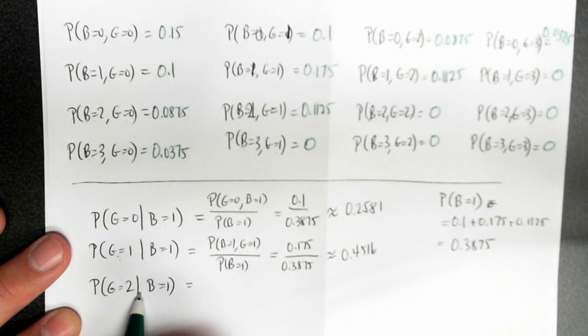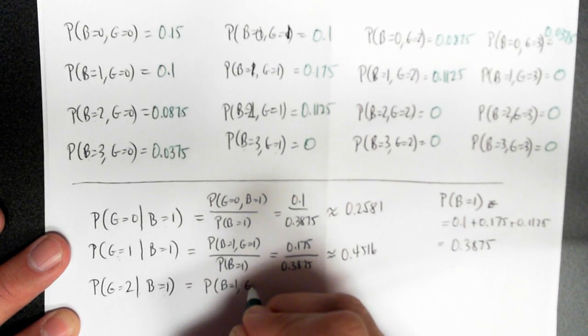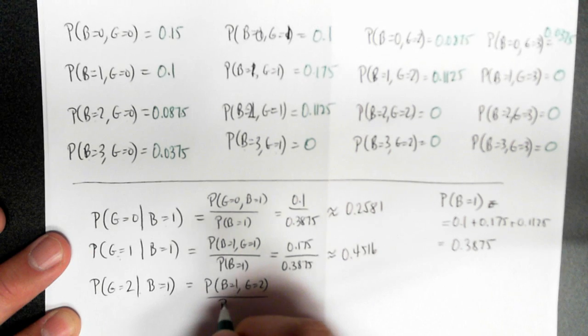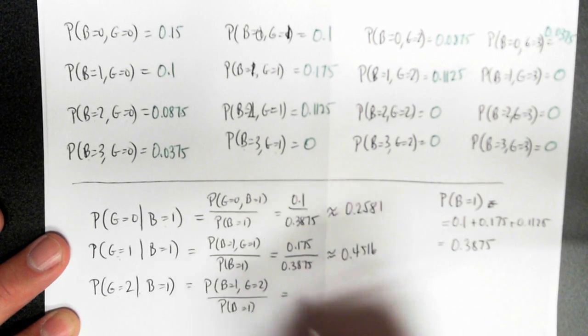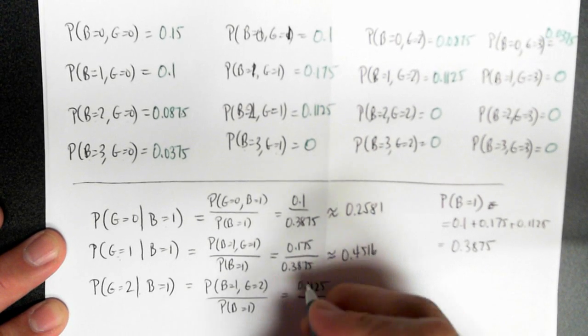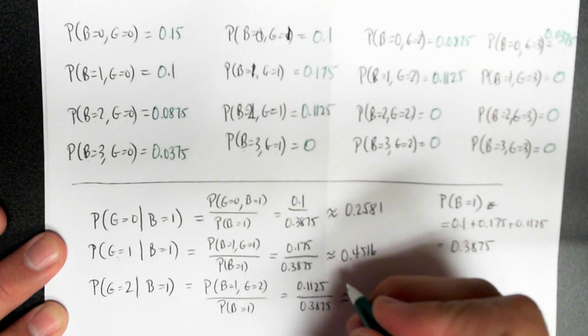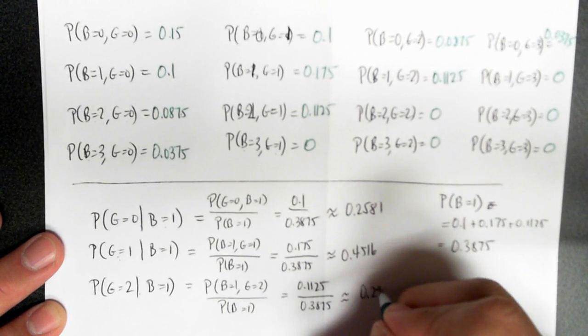And finally, the last conditional probability is the probability that B is equal to 1 and G is equal to 2, divided by the probability that B equals 1. So that's equal to 0.1125 divided by 0.3875, and that works out to be approximately 0.2903.